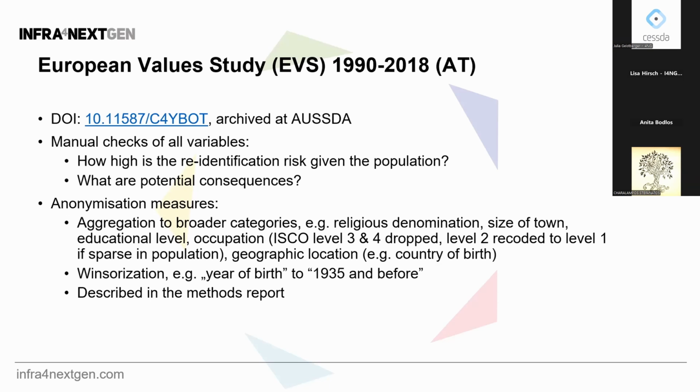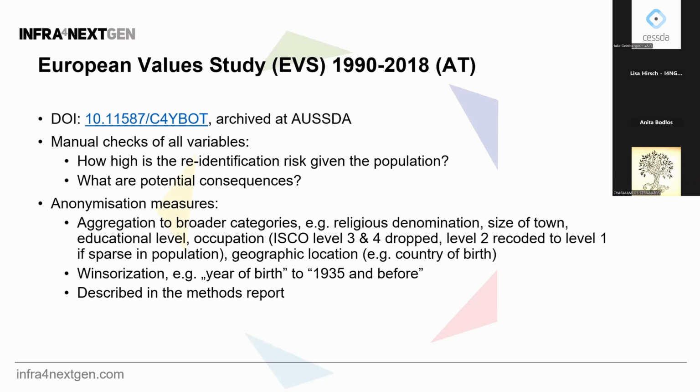Then several anonymization measures were applied that were described in the methods report in detail. You also find the methods report under the DOI, and you can see how each individual variable was recoded in order to comply with data protection regulations.